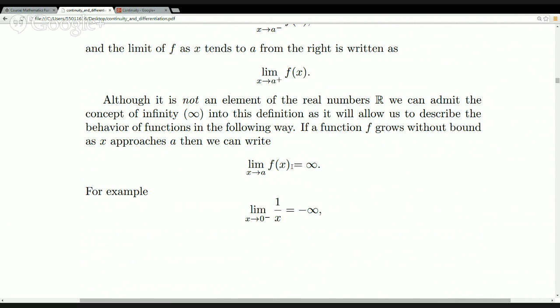So, for instance, if a function f is growing without bound as x approaches some argument a, then we might write that the limit as x approaches a of f of x is equal to infinity. That would be implying that the function f is growing in positive absolute value, getting larger and larger in the positive direction.